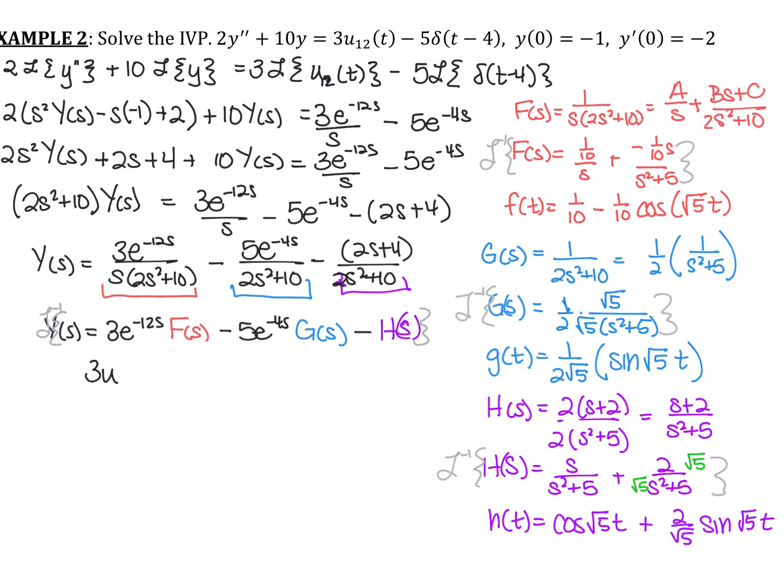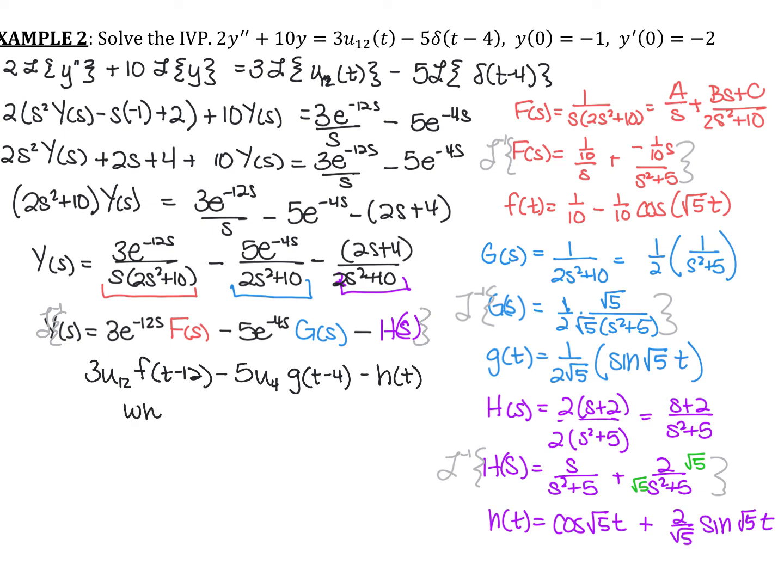3 and the unit step function at 12, which means this needs to be f of t minus 12, minus 5 times the unit step function u of 4, which means this would need to be g of t minus 4, minus h of t, not a unit step function there.